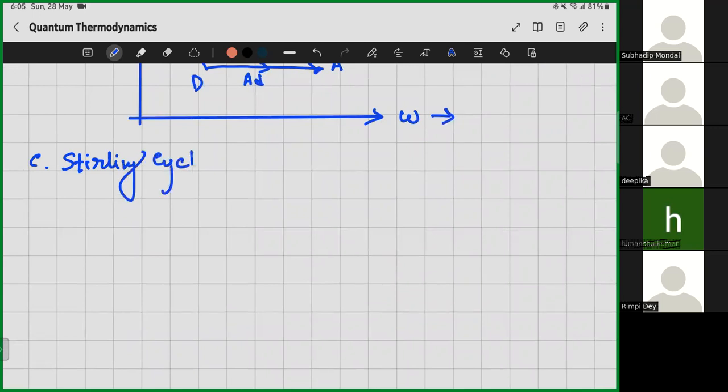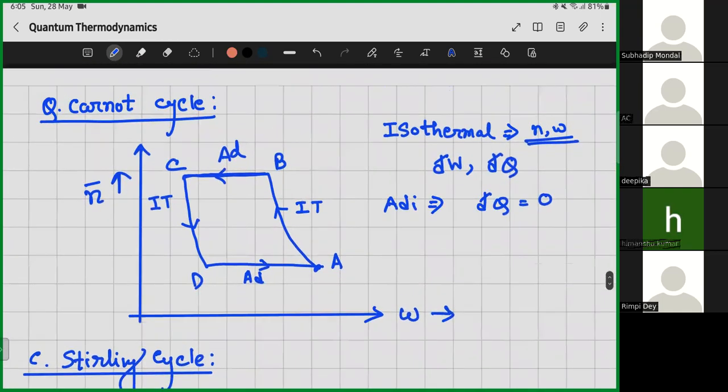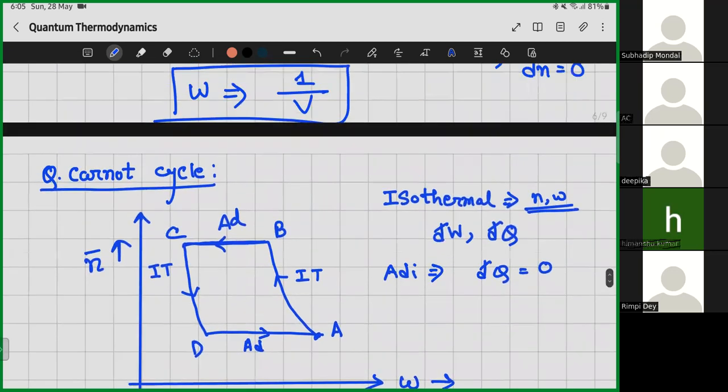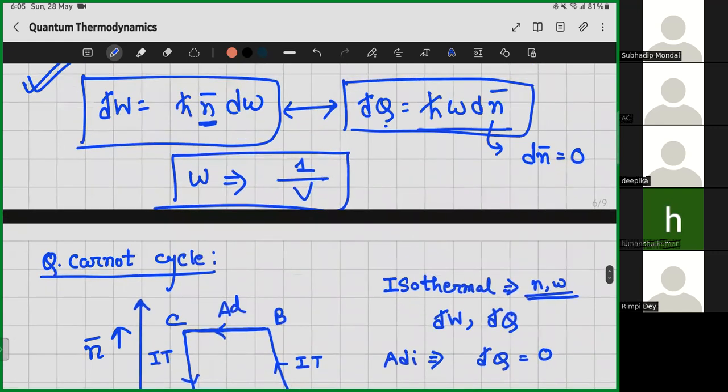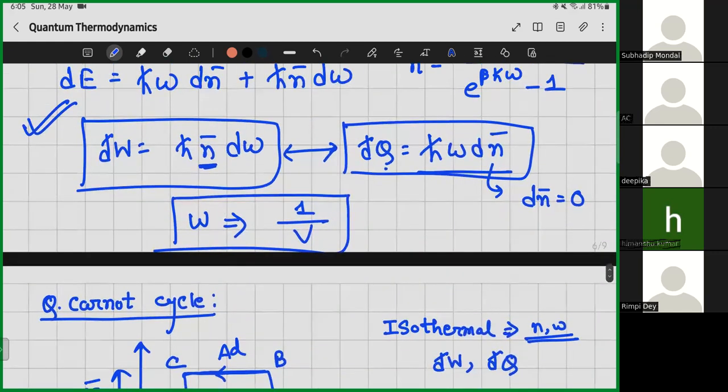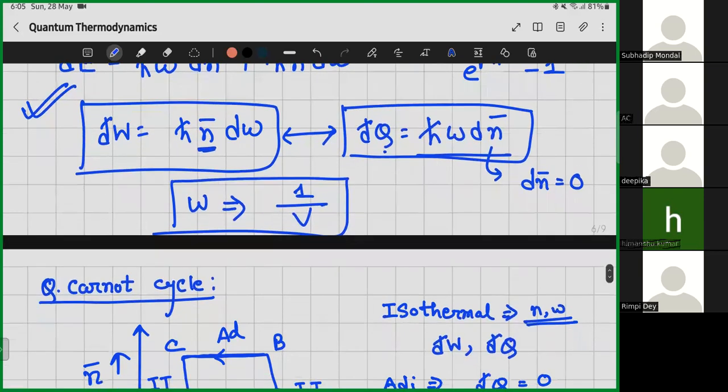Could you say any dependency between n bar and omega for isothermal? Any analytical dependency, like in the classical isothermal process for an ideal case, where P is proportional to 1 by V? Similarly, is there any functional dependency here?